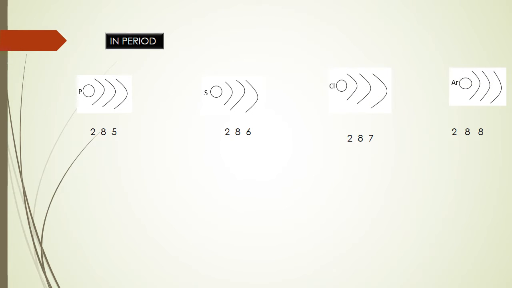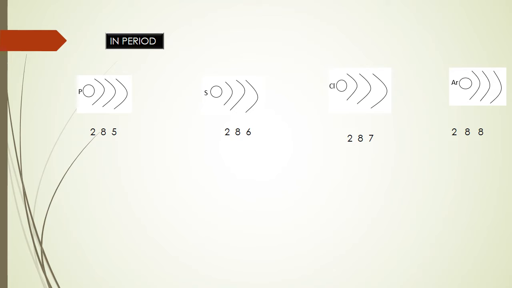In the period, we have phosphorus, sulfur, chlorine, and argon. They have the same energy level, all of them in period number 3. But we have different electrons in the outermost energy level. Phosphorus has 5, sulfur has 6, chlorine has 7, argon has 8.